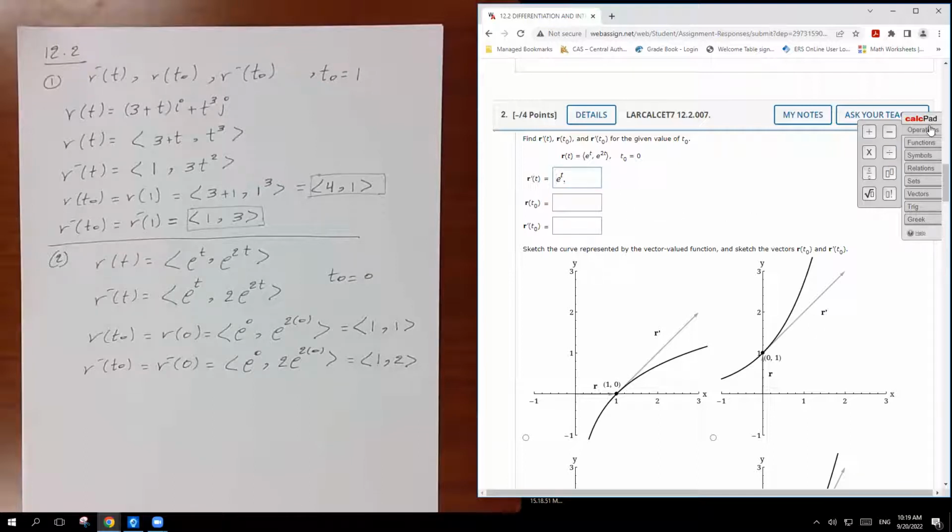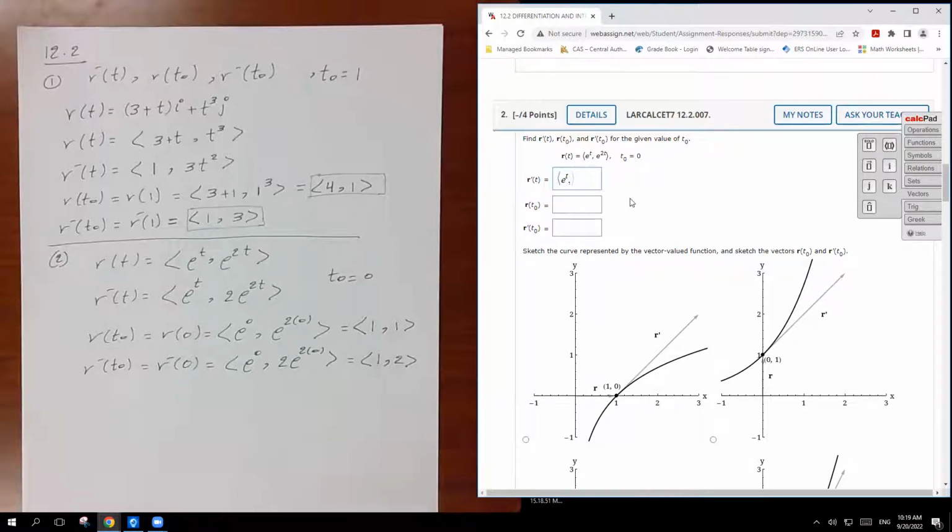I forgot to put this one. And 2e to the 2t.